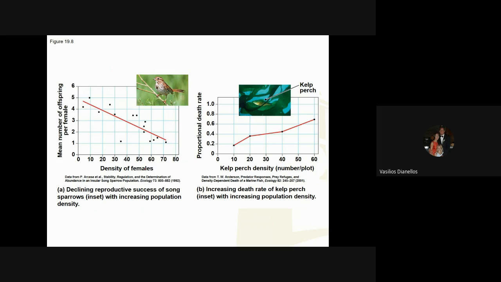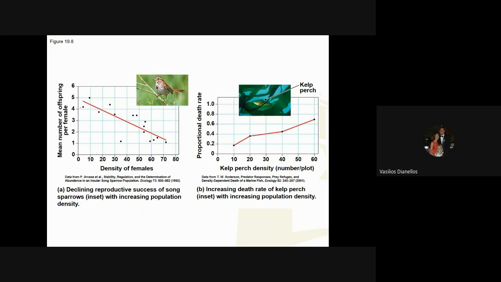These are just examples and won't be on the exam. But what you can see here is they were looking at this population of birds, and this is the density on the x-axis. As the density increases, you can see here that the mean number of offspring per female decreases. So you might think, oh, this bird typically has 4 offspring at once, and it lays 4 eggs, whatever.